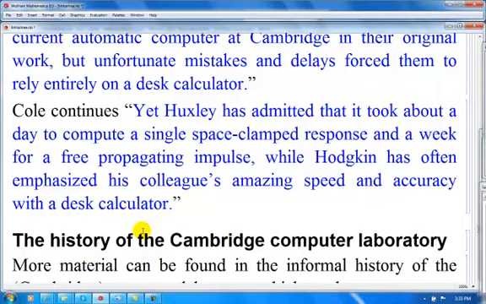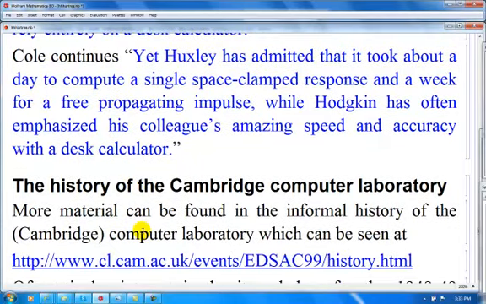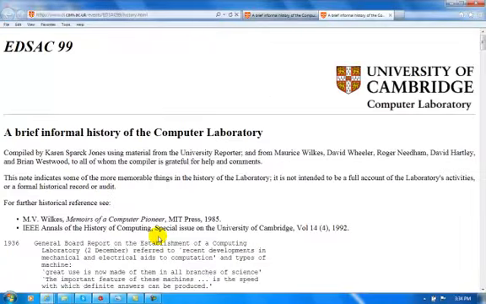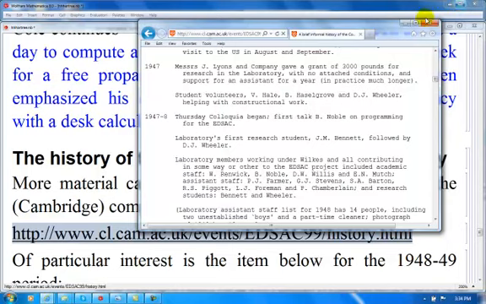Some more information can be found on this problem from the informal history of the Cambridge Computer Laboratory, which can be seen here.